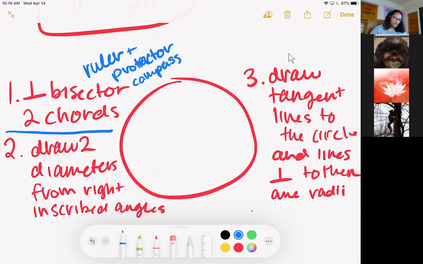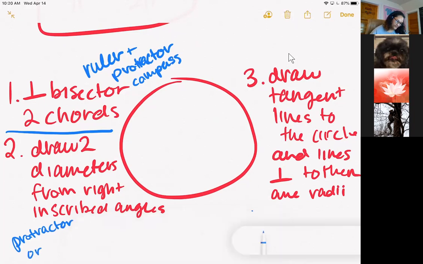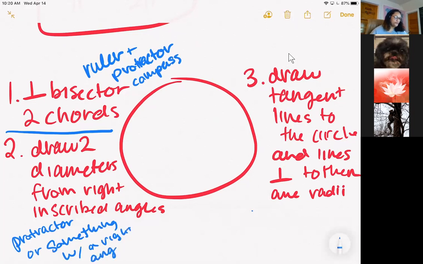For 2, you only need either a protractor or something with a right angle, like a book. If you don't have a protractor, you can put the edge of your book on the circumference of the circle and draw that right angle. For the tangent lines, you would need the same thing, protractor or book.